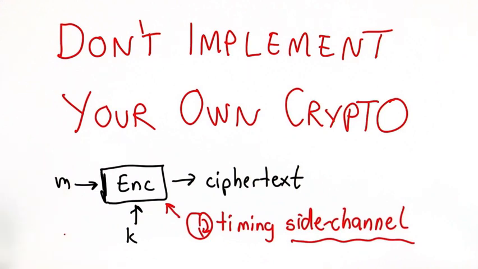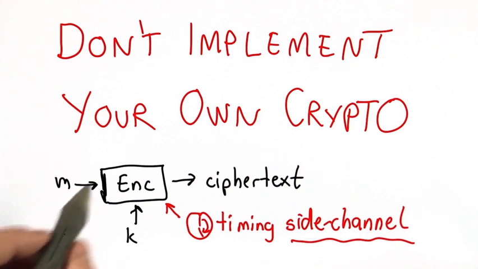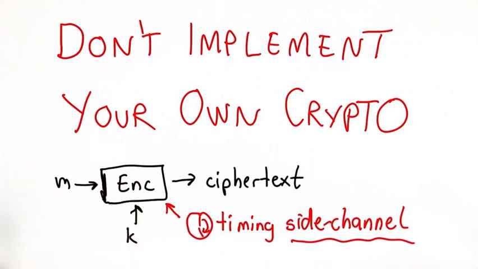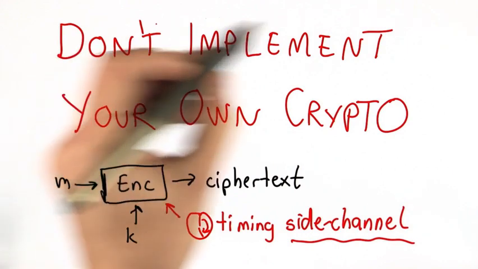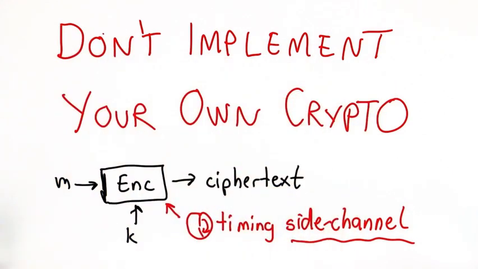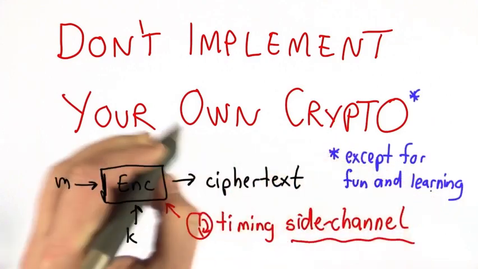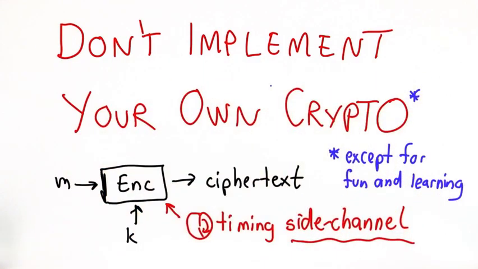These are things that if you were building cryptography for any important use, you'd have to worry about. These are things we're not going to worry about in most of the code that we write in this class. So you shouldn't view these implementations as secure implementations. The only reason to implement your own crypto is for fun and learning. And that's what we hope you'll get from this class by doing it.